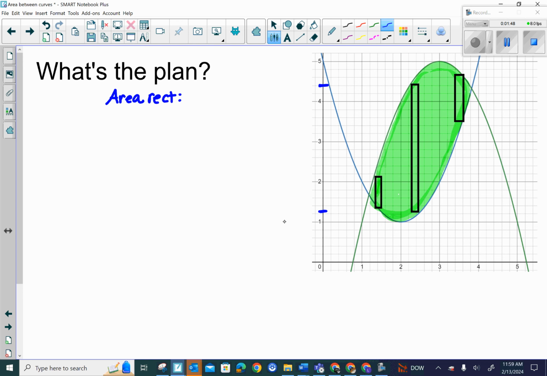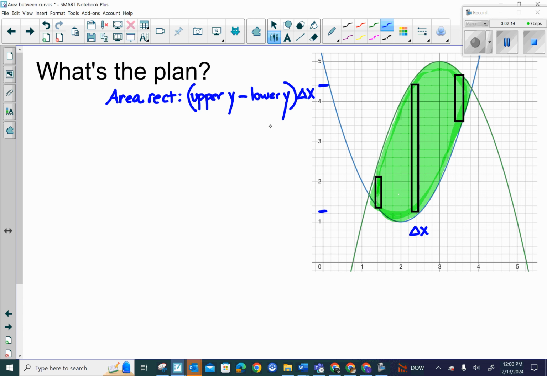And our length in a rectangle like this is going to be the upper y value minus the lower y value. And the width is going to be delta x. So I multiply that by delta x.